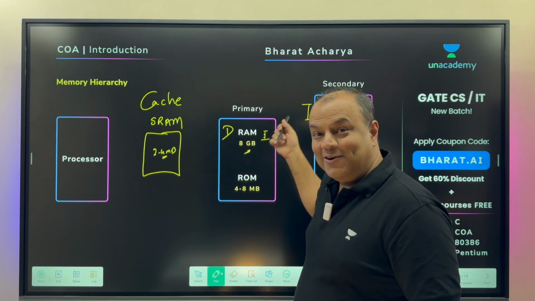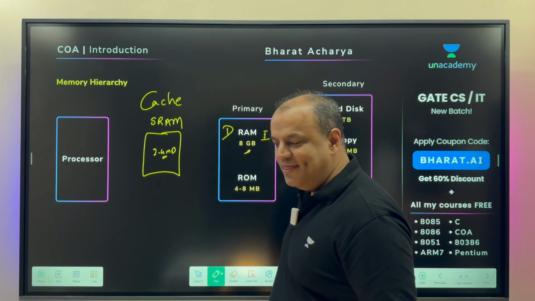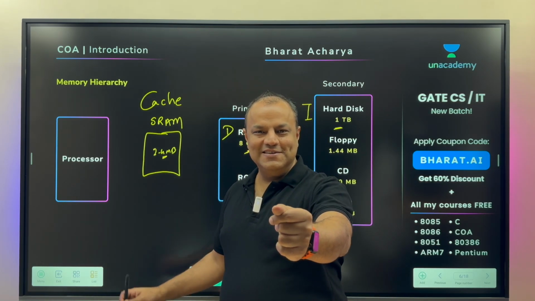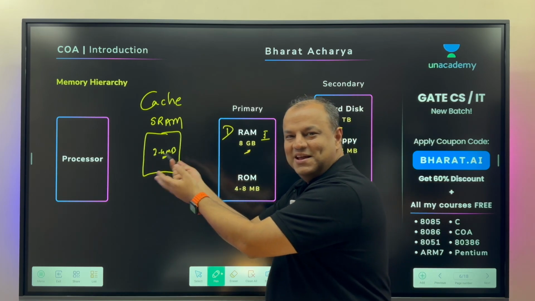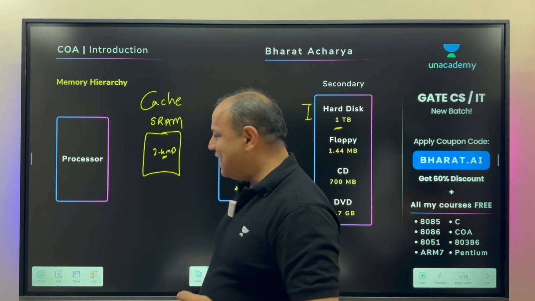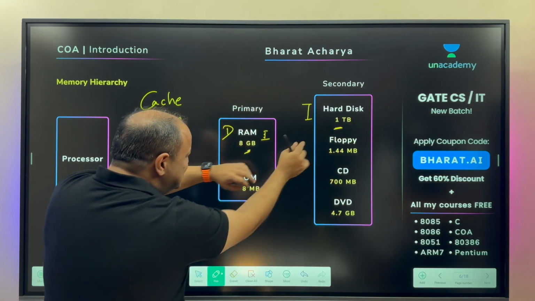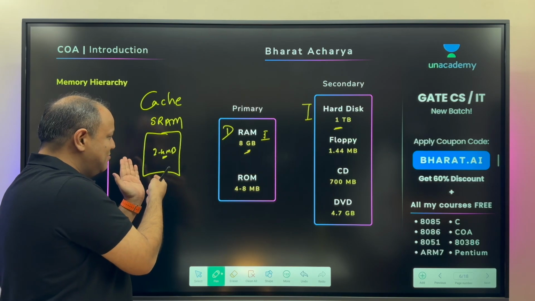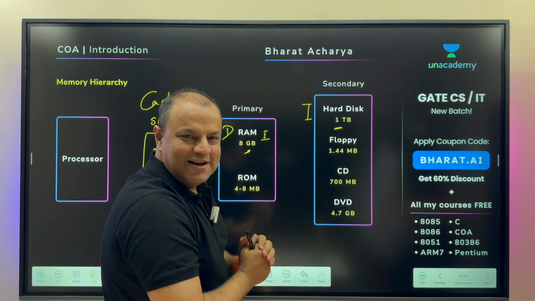The hard disk is 1000 times bigger than RAM, and they all cost the same, a few thousand rupees. So do you understand? This is 1000 into 1000 million times more expensive in terms of cost per bit as compared to the hard disk. So these are extremely cheap, mid-level, extremely expensive, but at the same time extremely fast, mid-level, extremely slow.